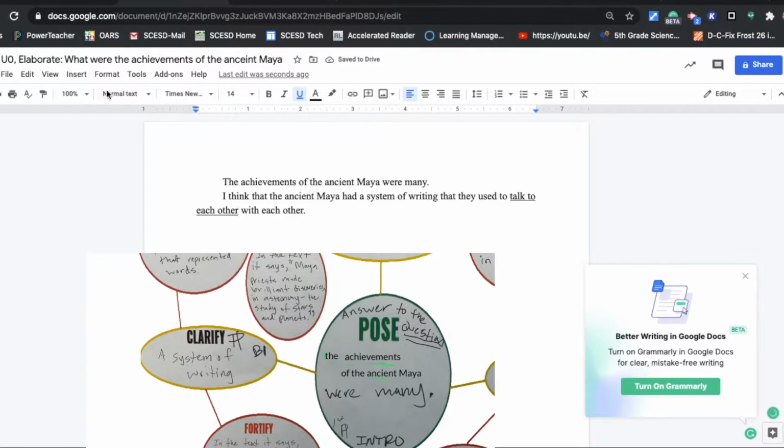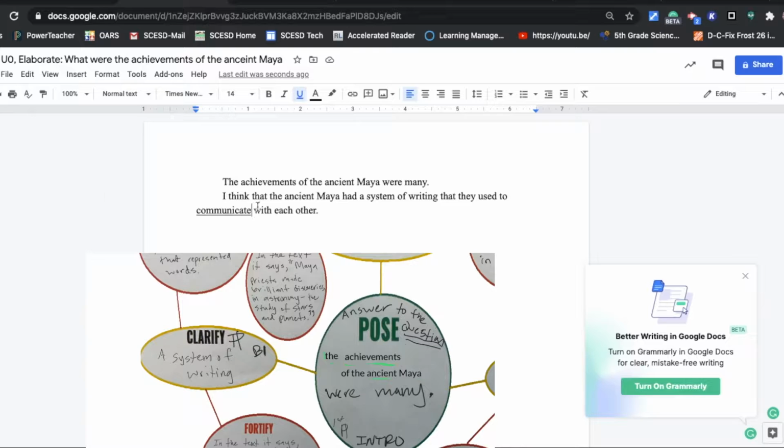If I had used talk with each other, it wouldn't sound as good as if I use communicate with each other. It's a synonym, but it sounds that much better. So we want to make sure that we have that in there when we're doing this.